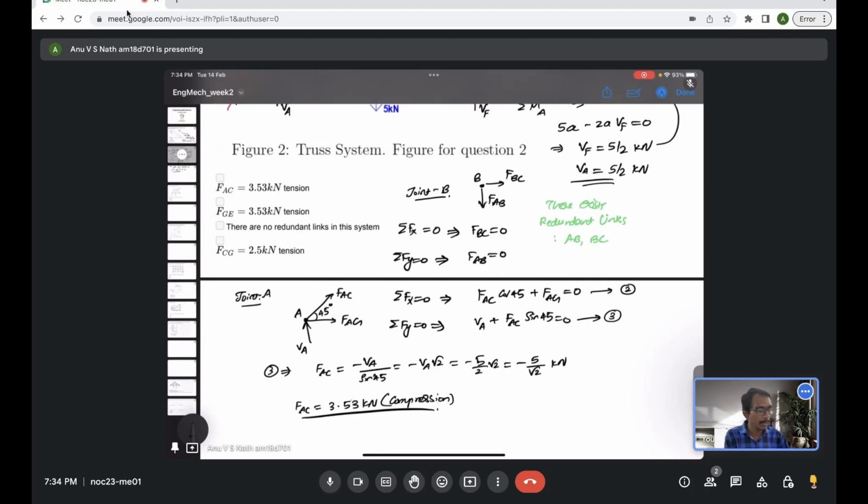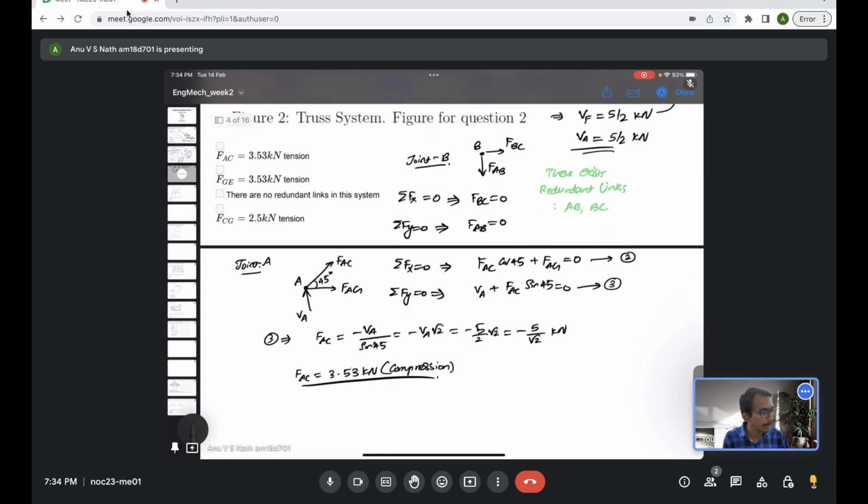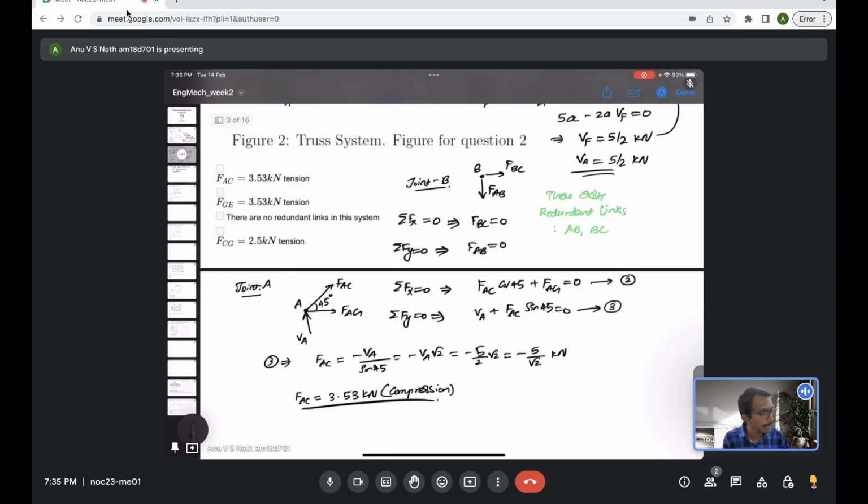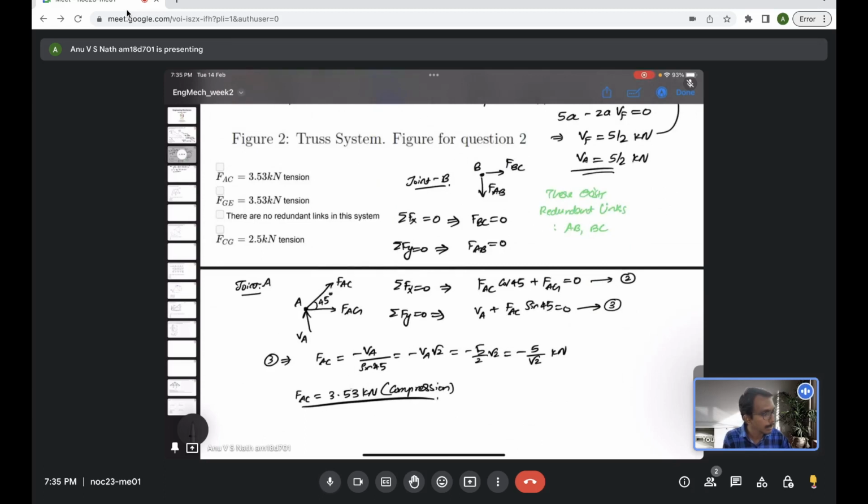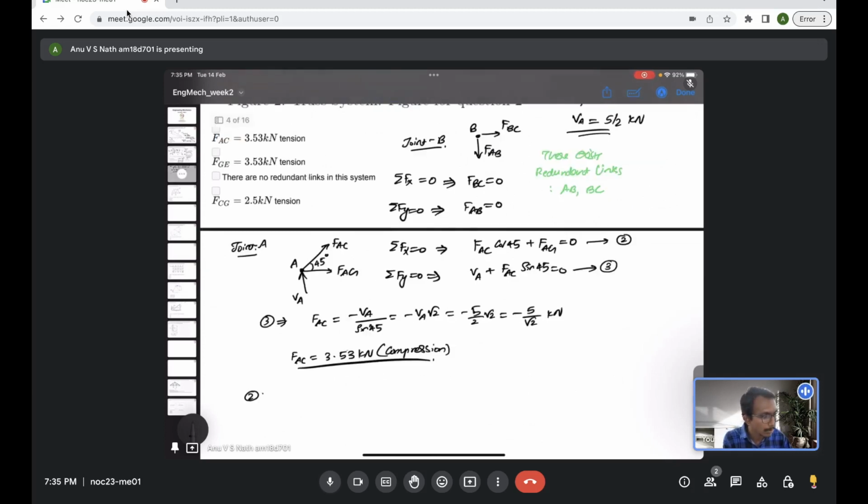Okay, now we will continue. We have evaluated FAC, and using that, you can evaluate FAG. From equation 2, FAG is minus of FAC cos 45. FAC is negative 5 by root 2.